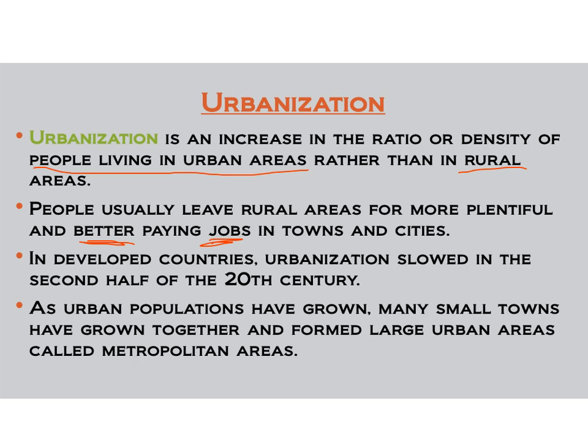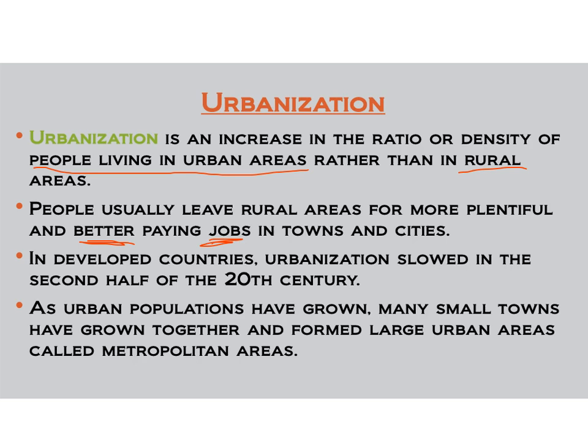And what we've seen is in the early 1900s, there was a lot of urbanization here in the U.S. and the rest of the developing world, but for the last 50 years or so, we've seen a little bit of a slowdown in urbanization as we've got larger and larger areas.